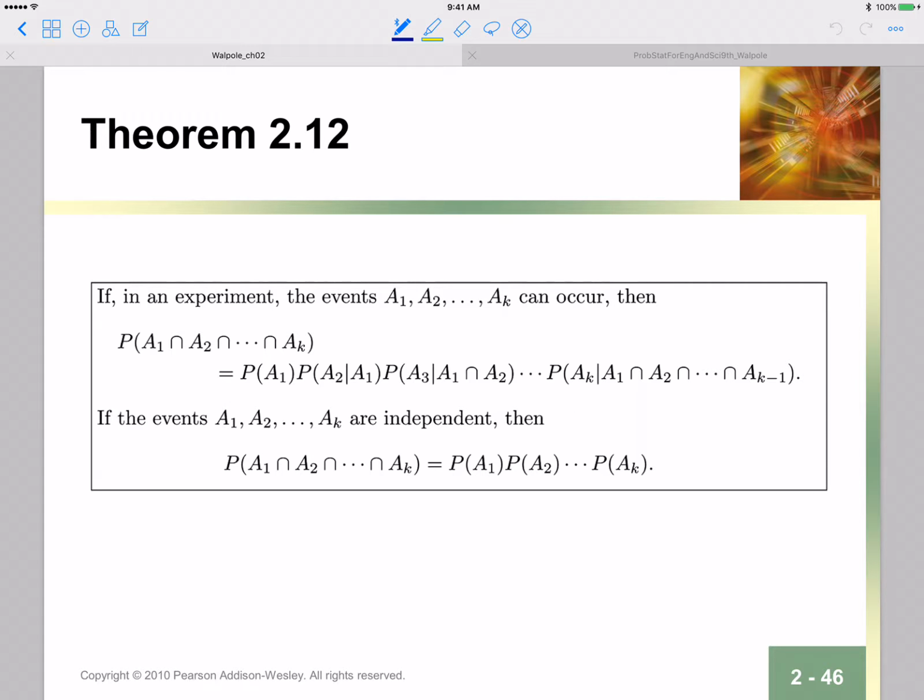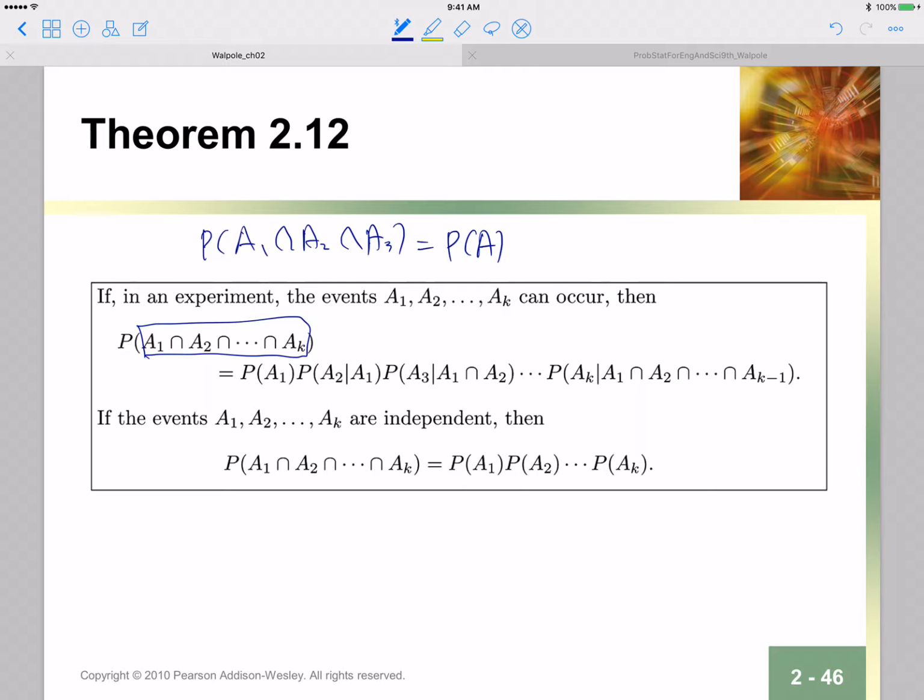Okay, and then we consider more than two events simultaneously happening. Suppose we have three events: A1, A2, A3. If we consider the order of these events, we can write this.